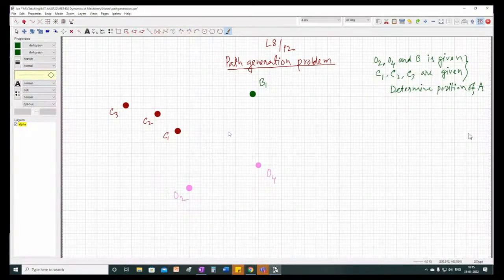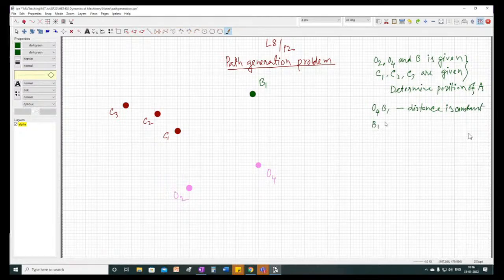First, we will find out the positions of B2 and B3 from this geometry, because you see this O2 O4 is a fixed distance, and since point B is, let me write it here, O4B1 or O4B link, this distance is constant.